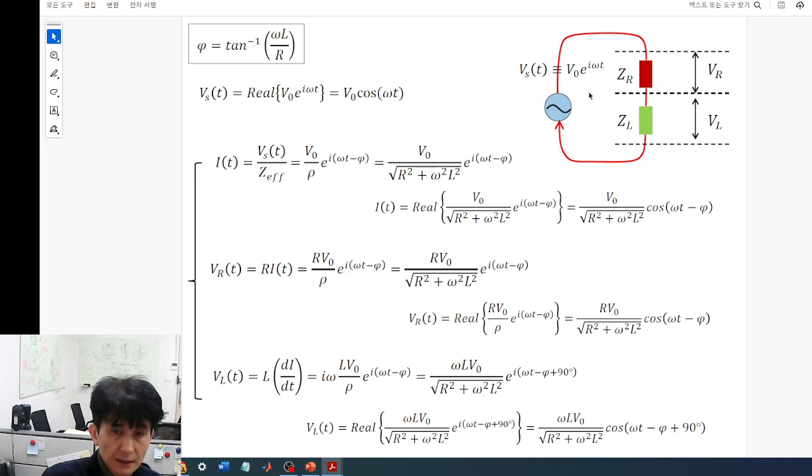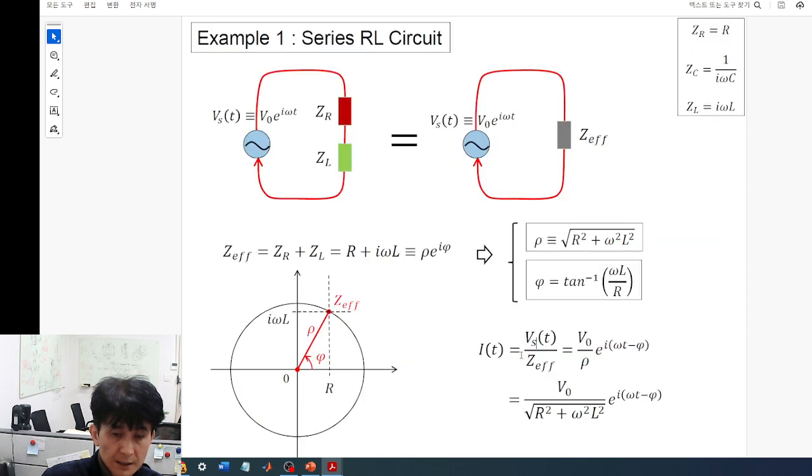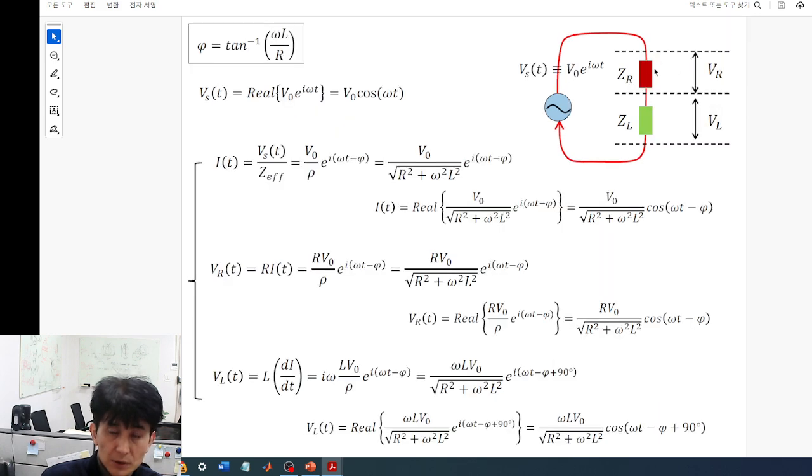Similarly, once we calculate the current, we can calculate the voltage across the elements ZR and ZL independently. The voltage across a resistor is VR. For a given current, the current is the same, so the voltage is just ZR times the current.